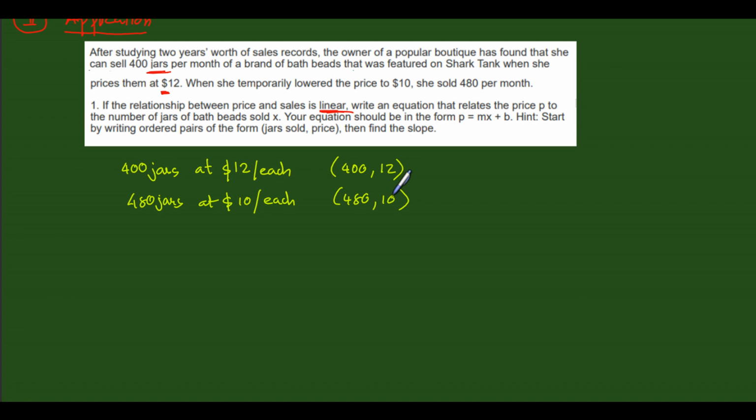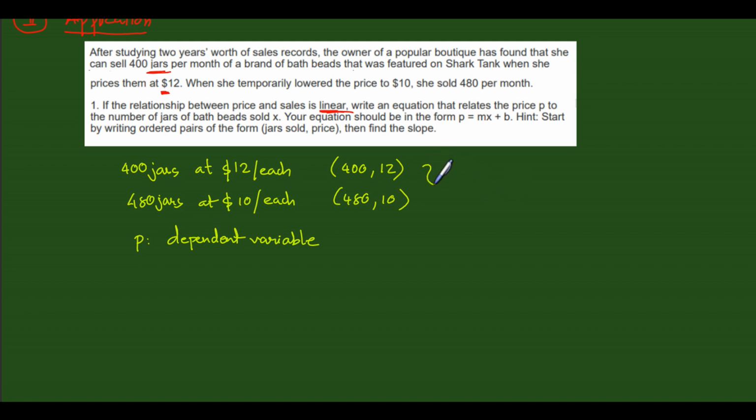Now we want to write the equation for the price P to the number of years. So price P is actually the dependent variable. They give you these points, so it means that we can find the slope.